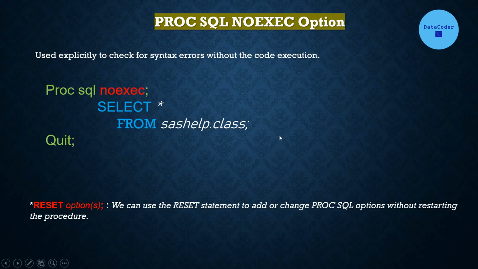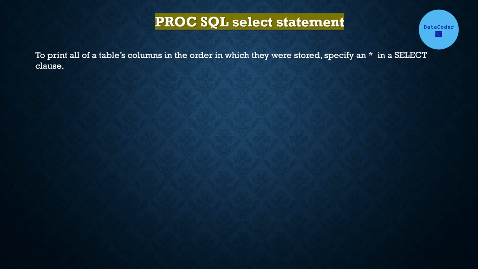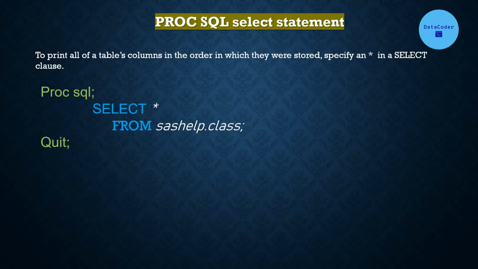So next is the PROC SQL select statement. This select statement is used to print all of a table's columns in the order in which they are stored. If we want to print all the variables from our input dataset and retain the order in which they are present in our source data, then we can use a star in the select statement.